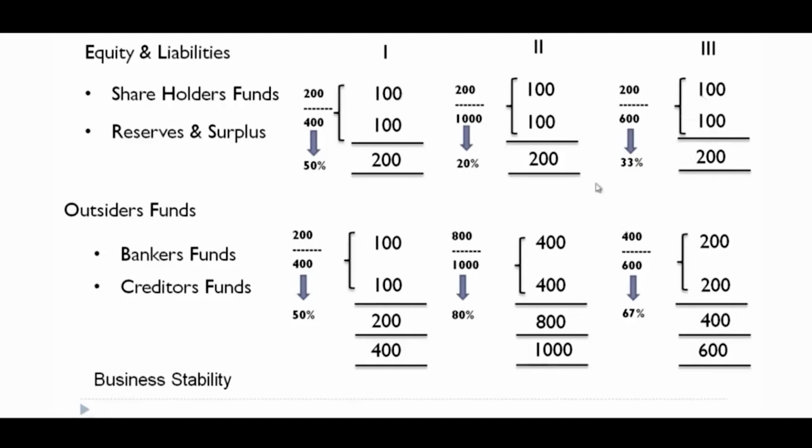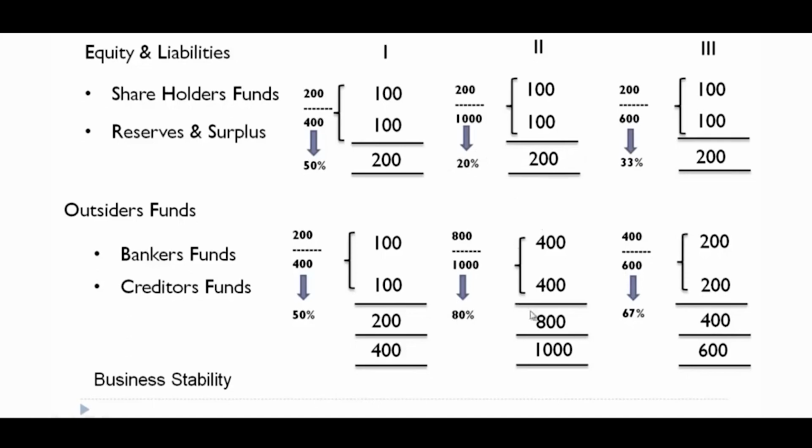In scenario 3, the owner's contribution is 33%, whereas outsiders is 67%. If they start withdrawing the support or if they start asking for the payment, they'll find a little bit of difficulty, but it will not be as bad as scenario 2, because in scenario 2 the owner's contribution is only 20%, whereas outsiders contribution is 80%, and these guys are actually running the show.